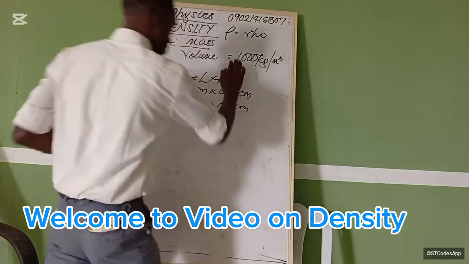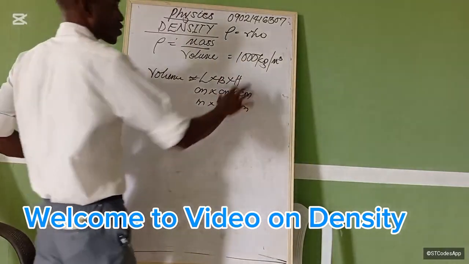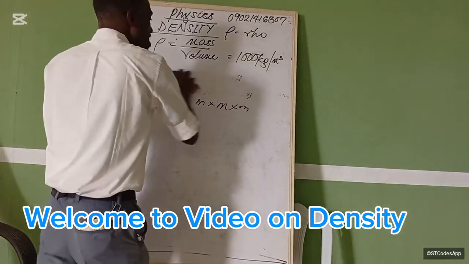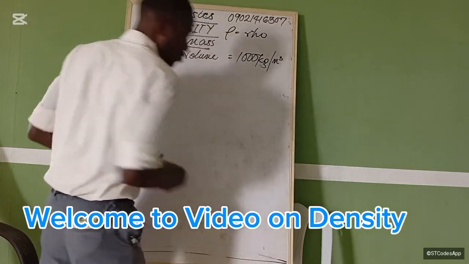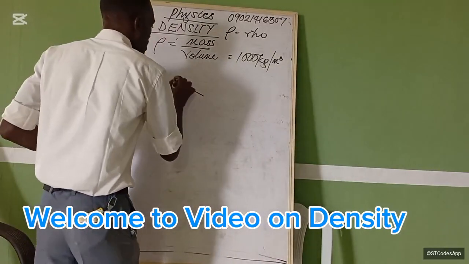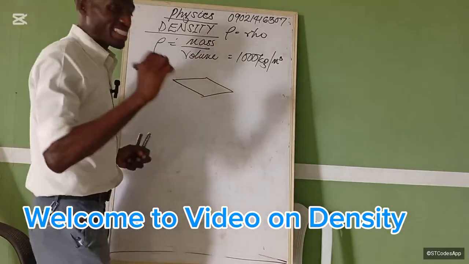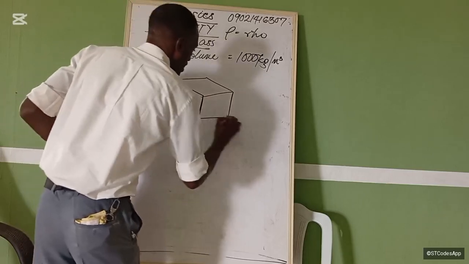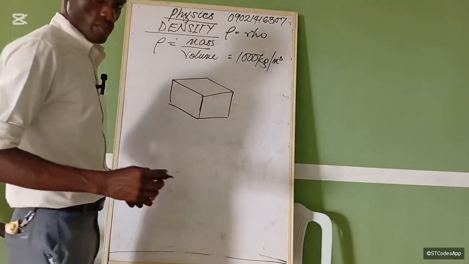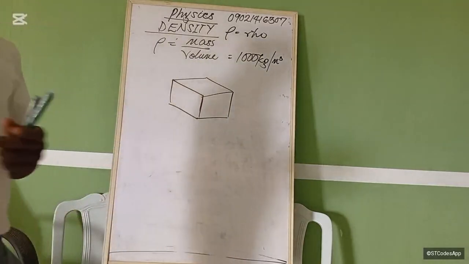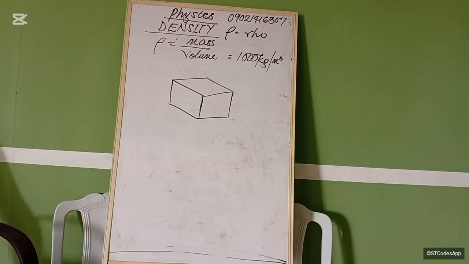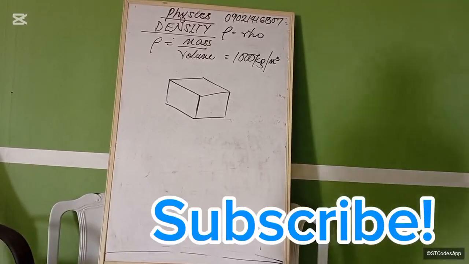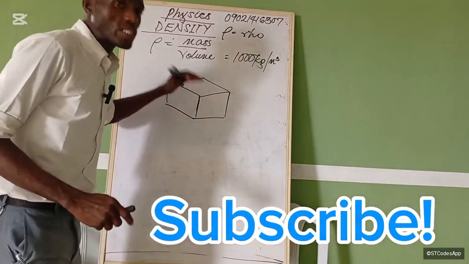So what this means basically is that the density of water is 1,000 kilograms per meter cube. It means that if I can get a container that is exactly 1 meter by 1 meter by 1 meter, that is a cube, and I fill it up with water.